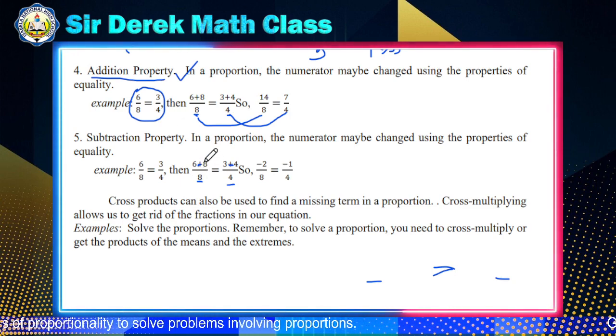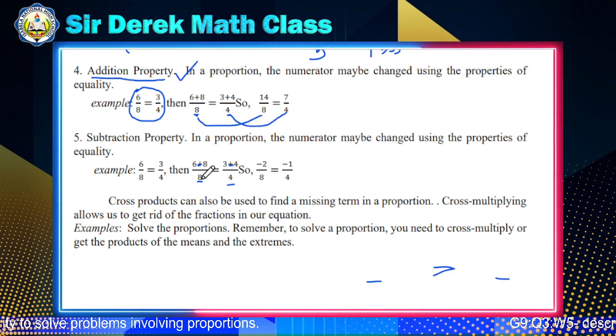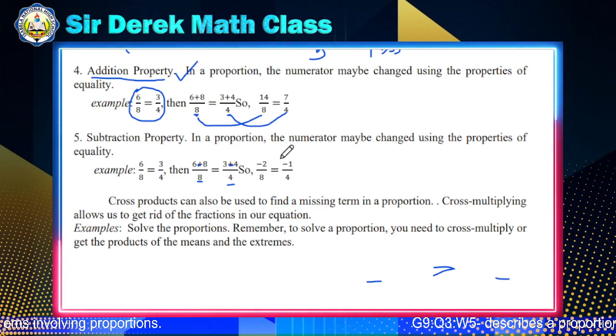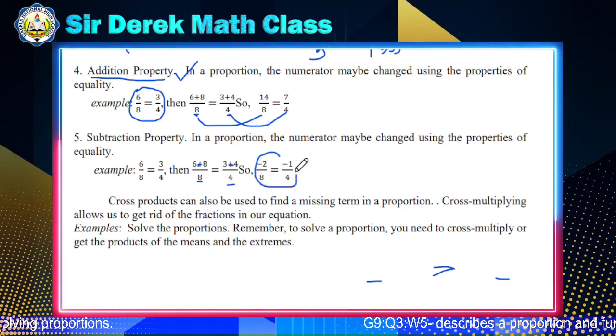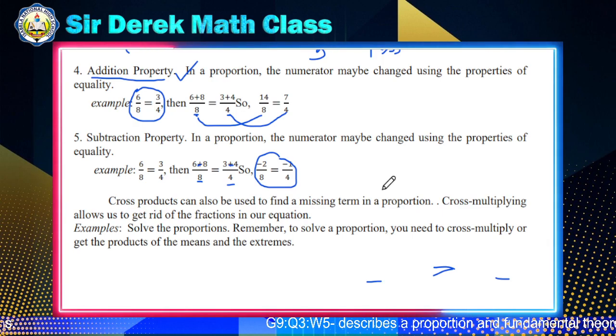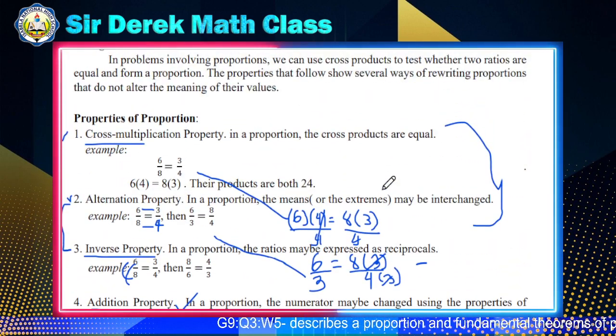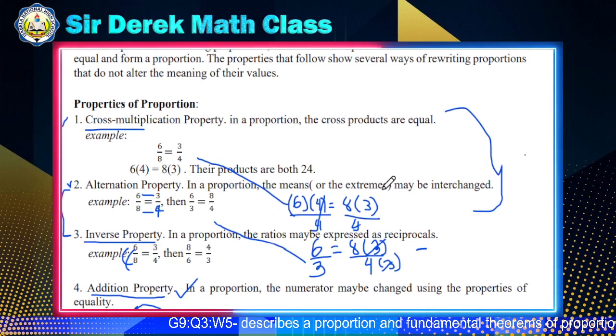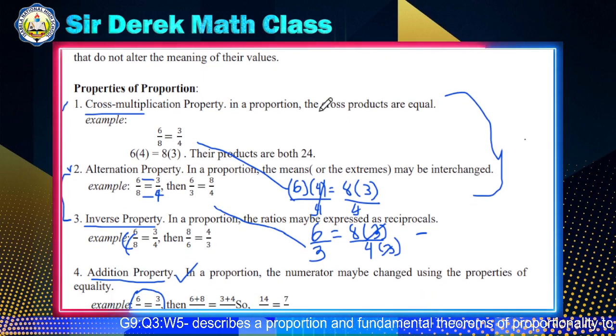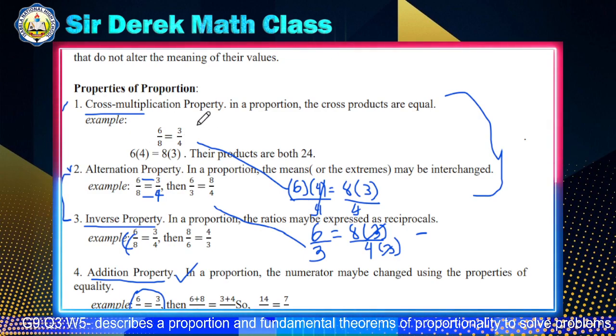You must add the numerator to the denominator, or subtract, and then they can still form a proportion. Okay, so these are the 5 properties of proportions, and take note that this is all under the umbrella of cross multiplication.